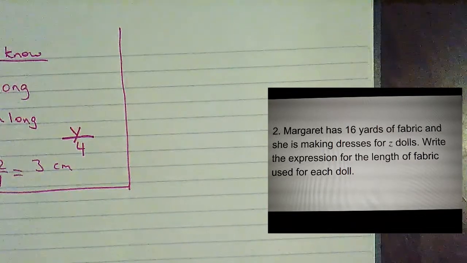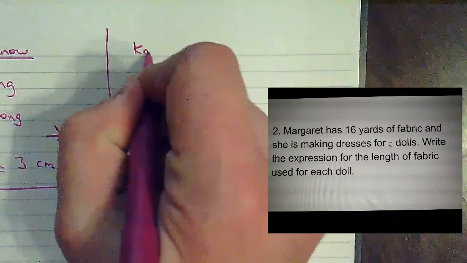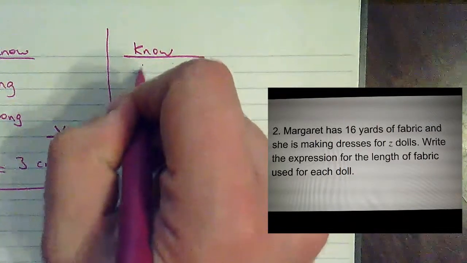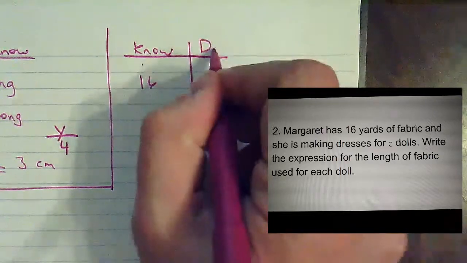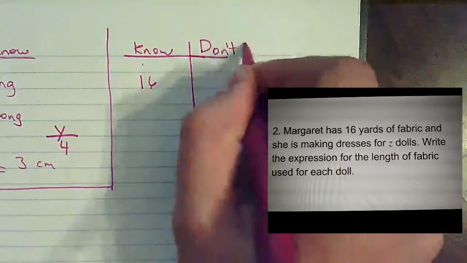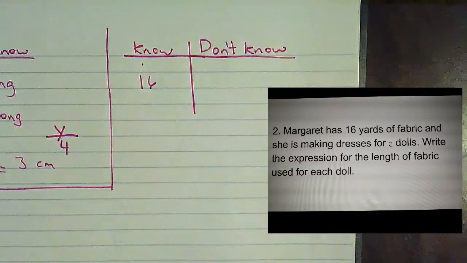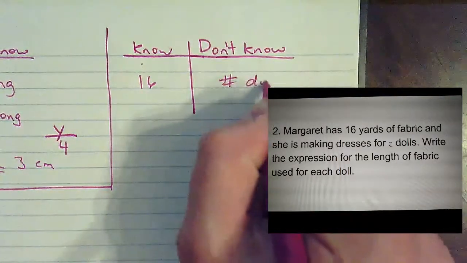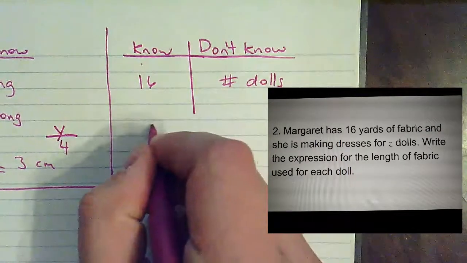Alright, so she had 16 yards of fabric, and so we're going to put that in the known. And the unknown, or don't know, is how many dolls is she making dresses for? Number of dolls. And they want us to use Z as our variable.